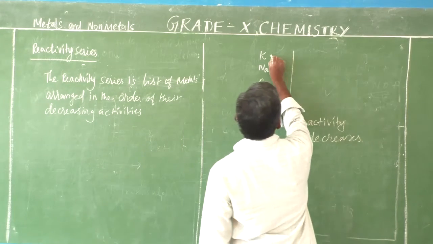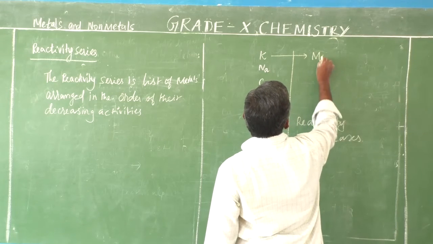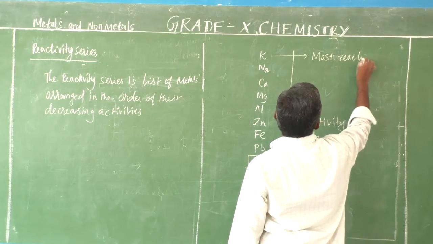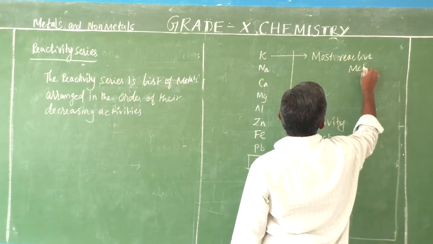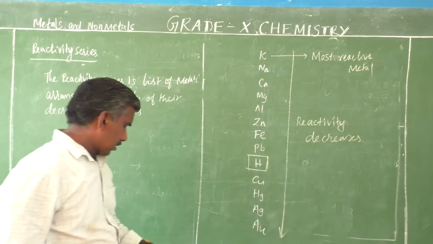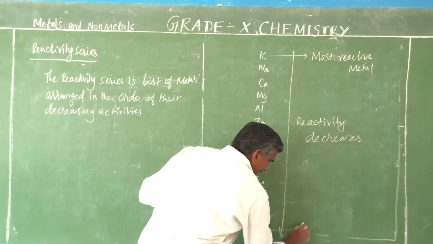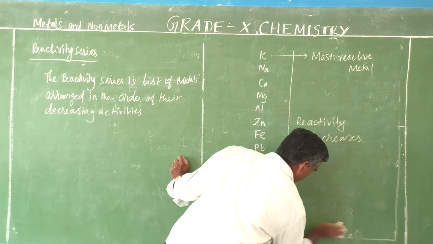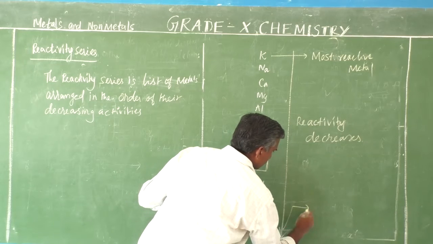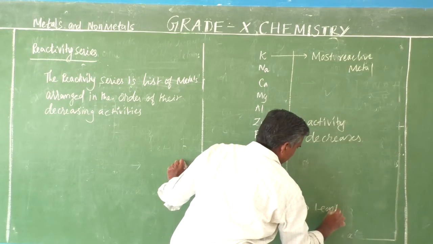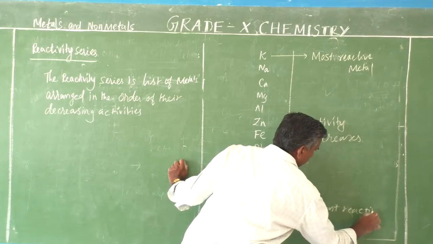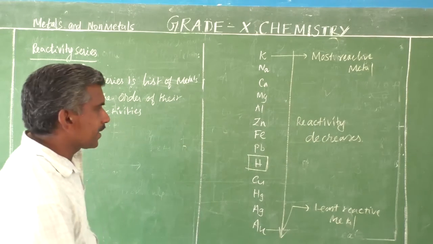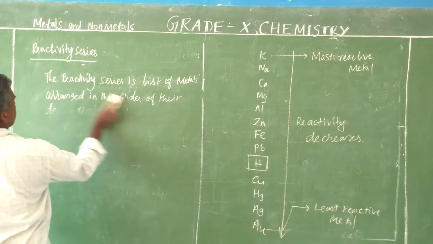Potassium is the most reactive metal, and gold is the very least reactive metal.